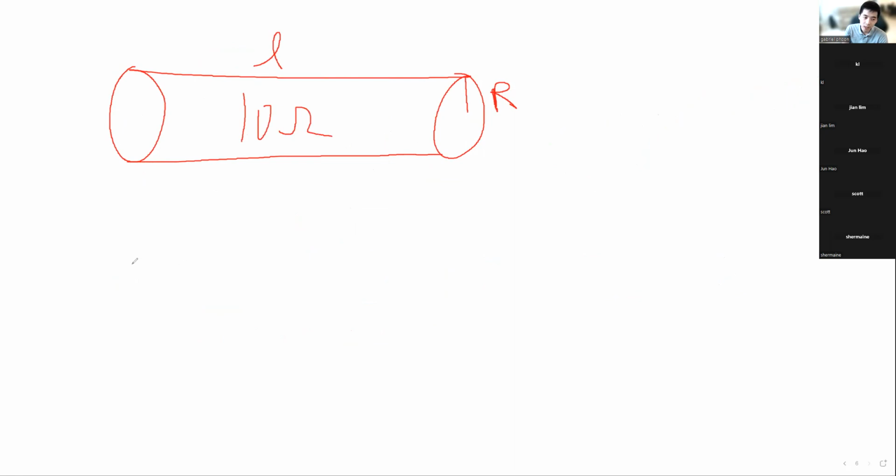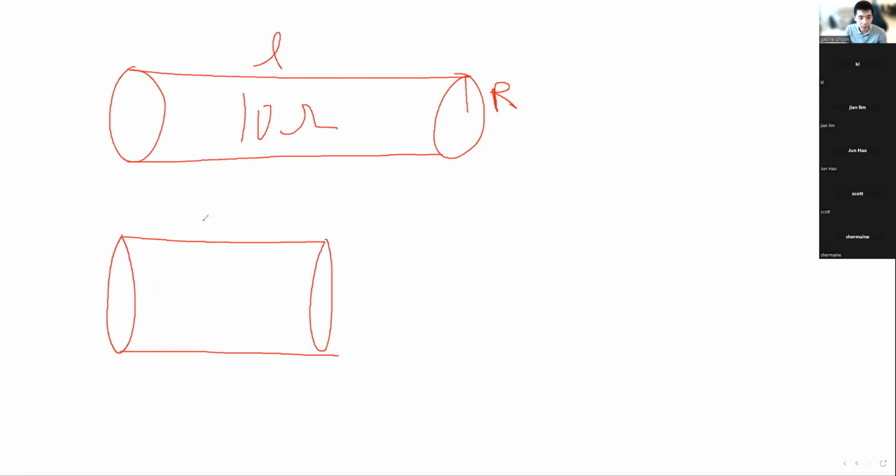If I have another wire that is half the length but double the radius, what's the resistance going to be here?